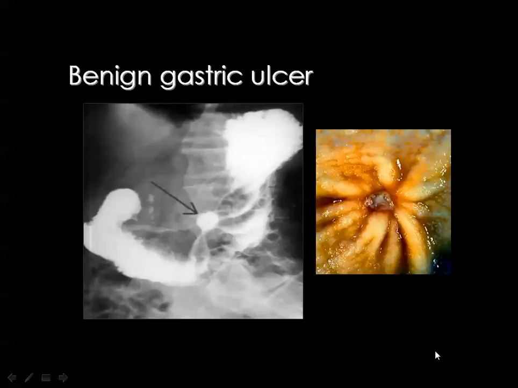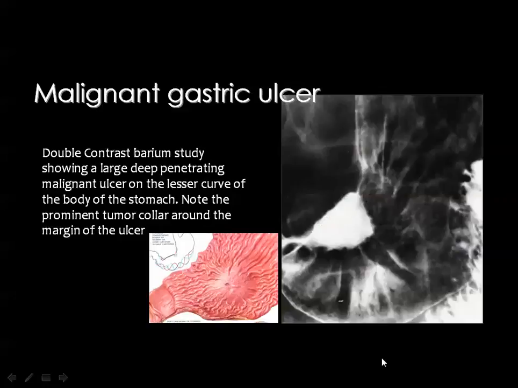And this is also an example of a benign gastric ulcer by barium meal and by endoscopic examination. It's easy for you to realize that the mucosal folds are reaching the edge of the ulcer, and this is diagnostic of a benign lesion in most of the cases.